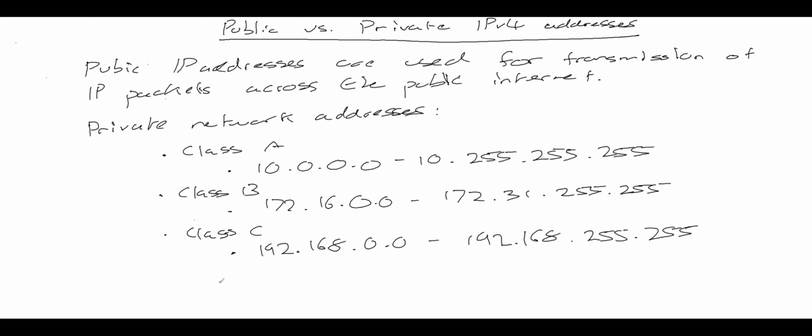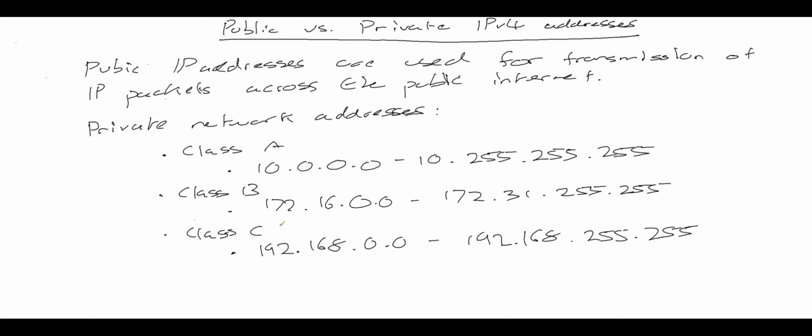So, have you ever wondered why you always seem to see addresses being used on networks that start with 192.168, or maybe one of these other ranges as well? That's because these private network addresses can be used on any private network.